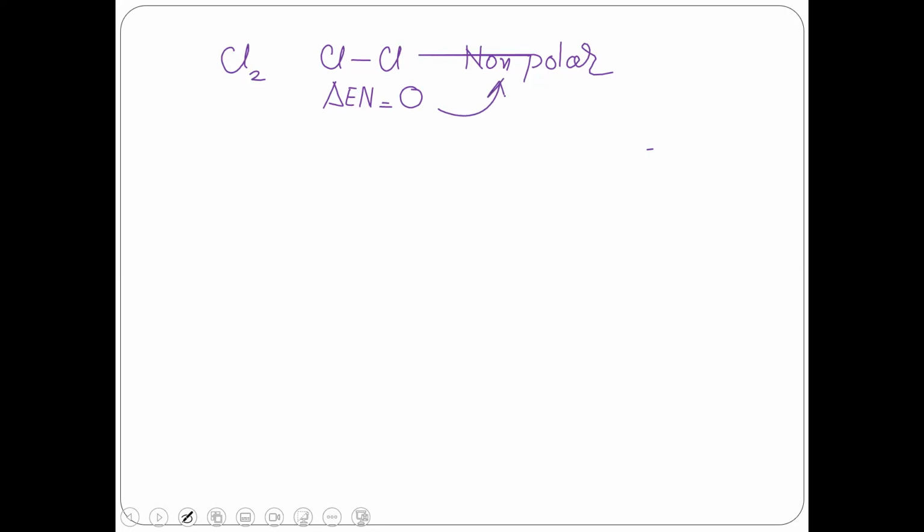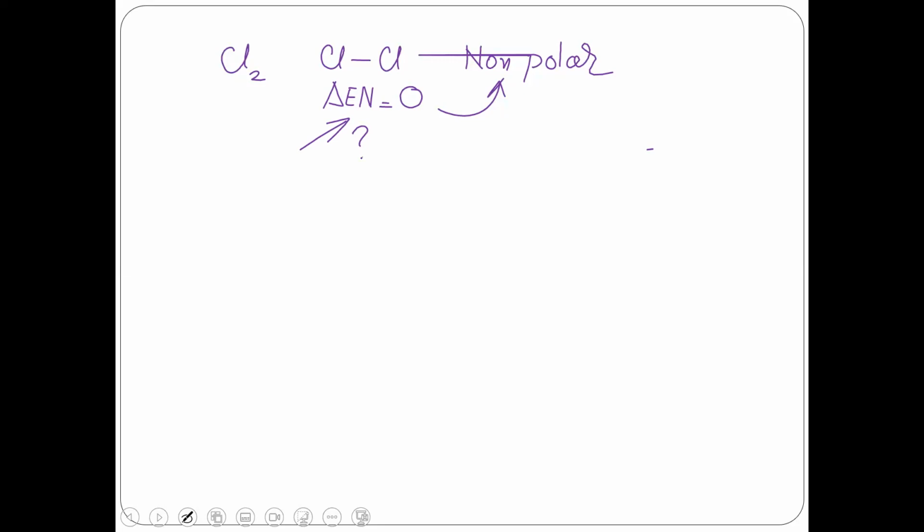Can you repeat? Chlorine molecule means ClCl. When same atoms, same elements join, the electronegativity difference is zero, and such a bond is always non-polar. It's non-polar because of the electronegativity.